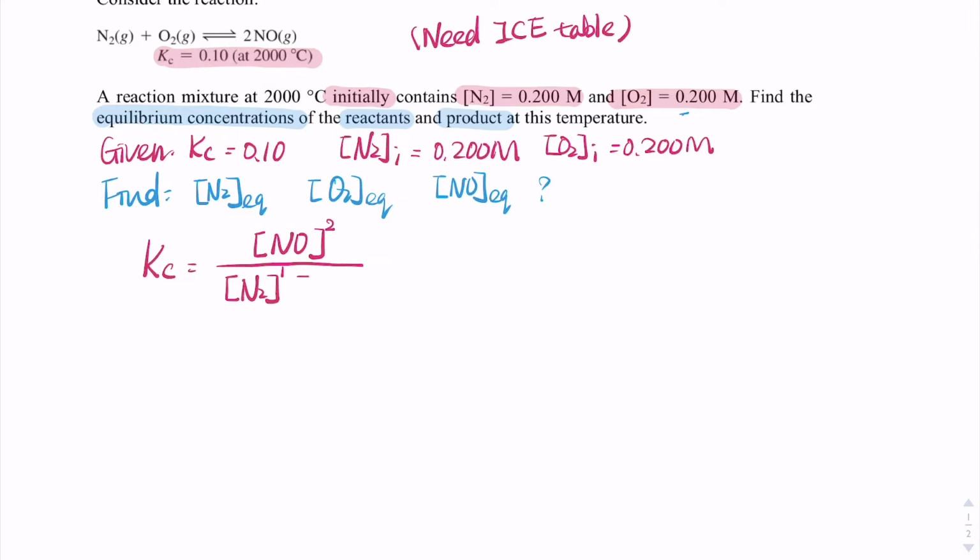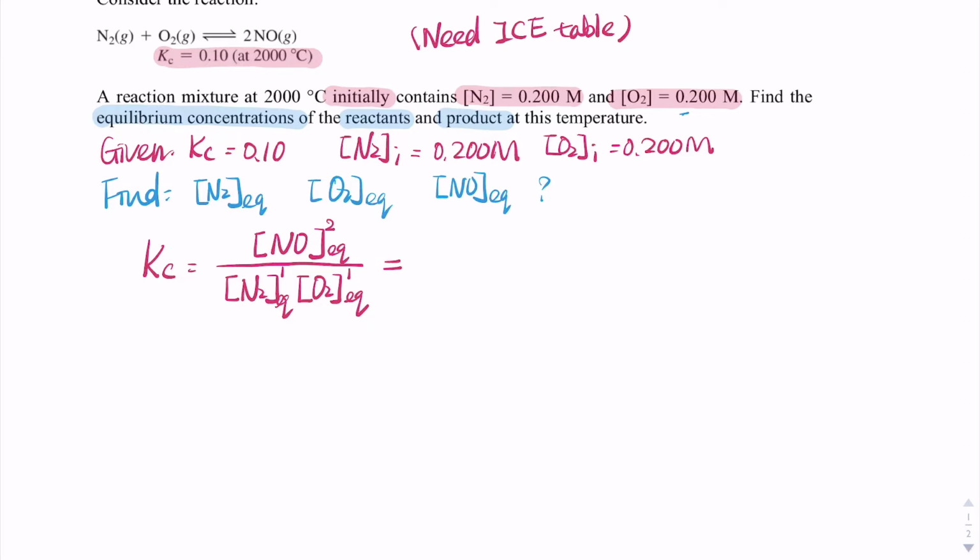Here it's just 1 for N2, and then the concentration of O2, multiplied, is 1 as well. Because we use K at equilibrium, every concentration in this expression will be EQ. All these three terms we're looking for.